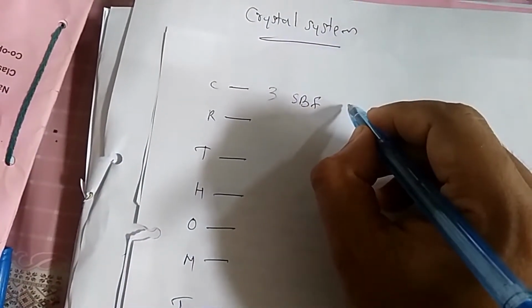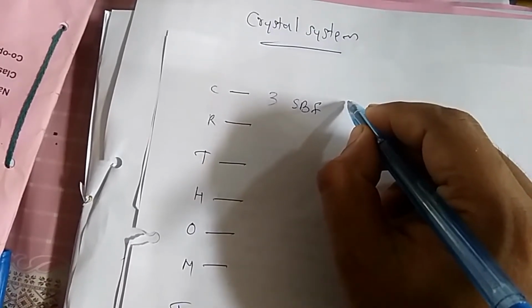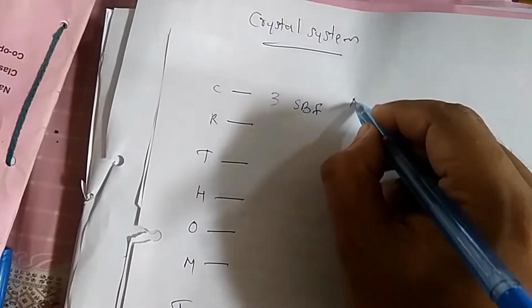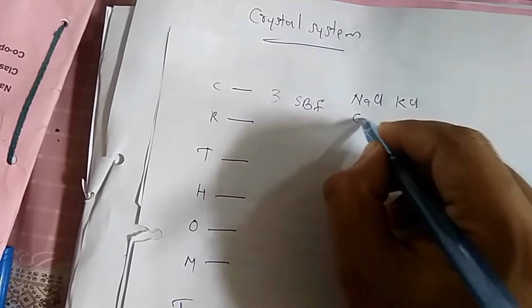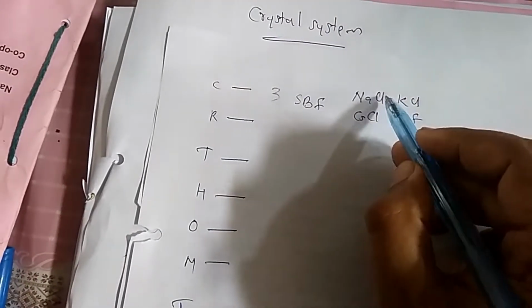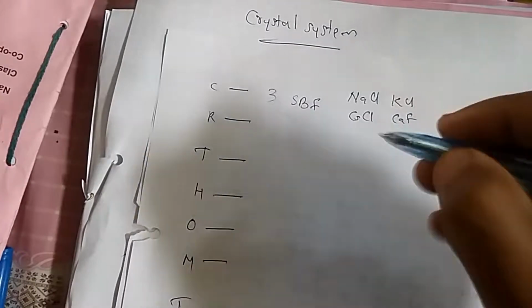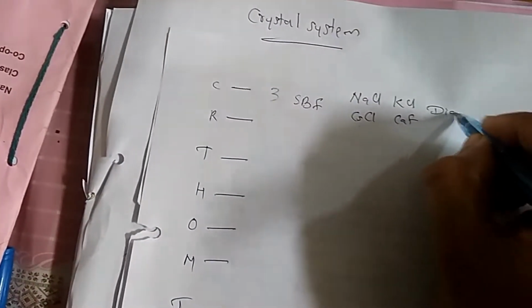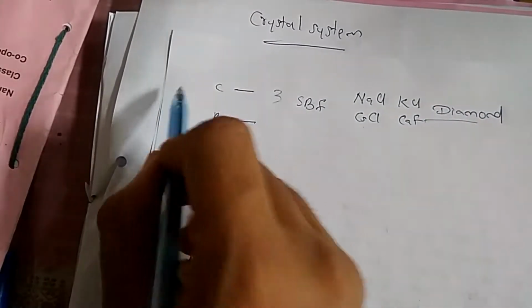All the important examples are in the cubic crystal system. For example, sodium chloride, KCl, CsCl, CaF2. The fluorite structure, sodium chloride structure, and CsCl structure are all in the cubic crystal system. Another important example is diamond, which is also in the cubic crystal system.